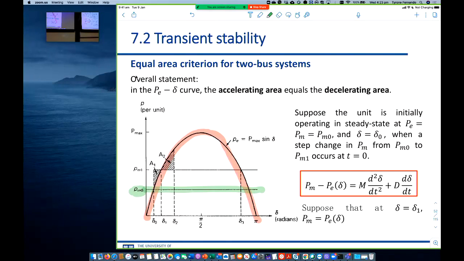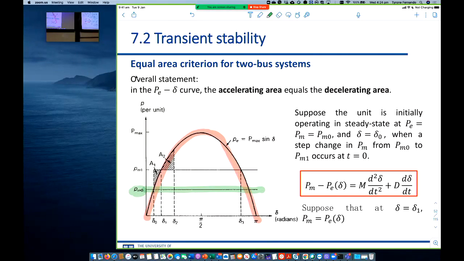Then all of a sudden we increase the mechanical power to PM1. Now if the turbine output is PM1, then the machine must be supplying a greater load. So the load has changed, and now the machine must be operating at delta 1, if it settles and reaches a stable steady state.